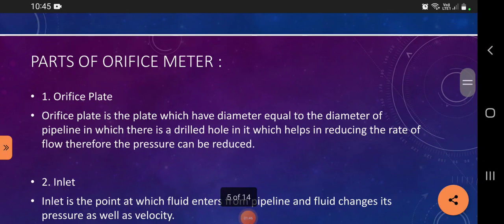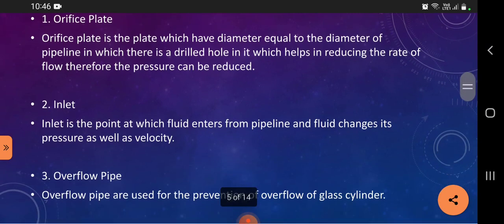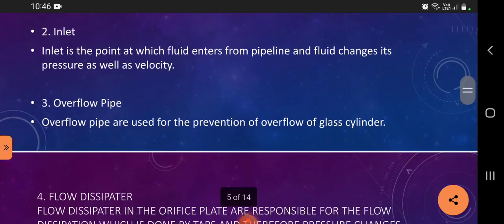Parts of orifice meter. Orifice plate: a plate with a diameter equal to the diameter of the pipeline, in which a hole is drilled, which helps in reducing the rate of flow so the pressure can be reduced. Inlet: the point at which the fluid enters from the pipeline and changes its pressure as well as velocity.